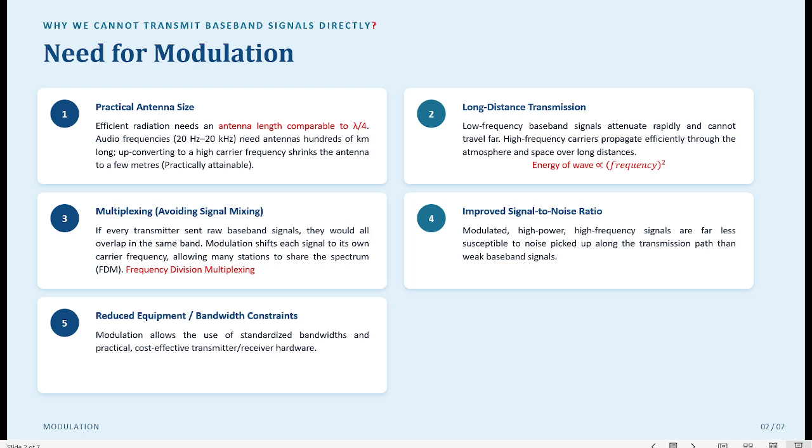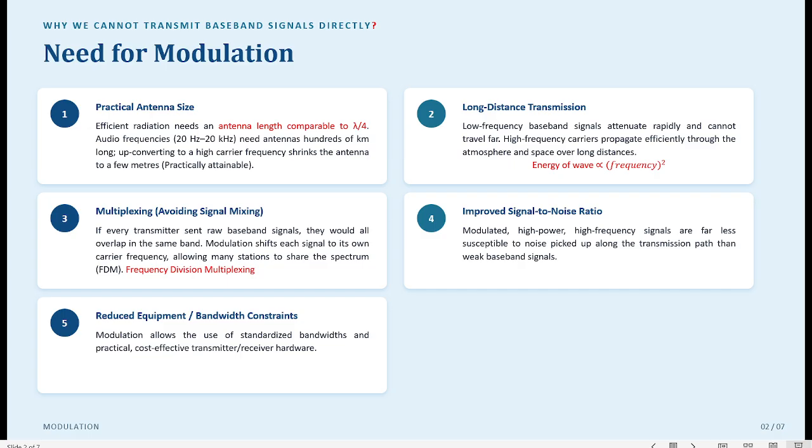the baseband signals or message signals have frequencies in the same band, 20 hertz to 20 kilohertz. So if signals of the same frequency are transmitted from different transmitting stations, then there will be mixing of signals, so nothing will be clear at the receiving end.